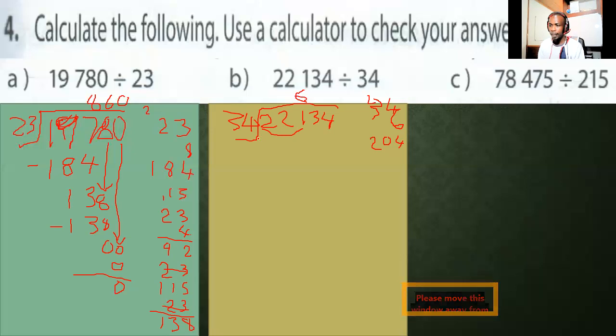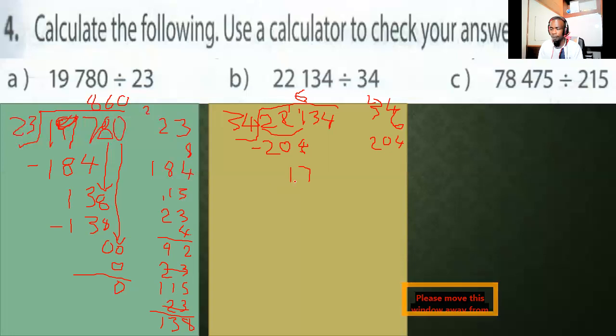Then I write 6 times 34, it's 204. Then I subtract that. I add 1, 11 minus 4, 7. Here we're left with 1. 1 minus 0, it's 1.